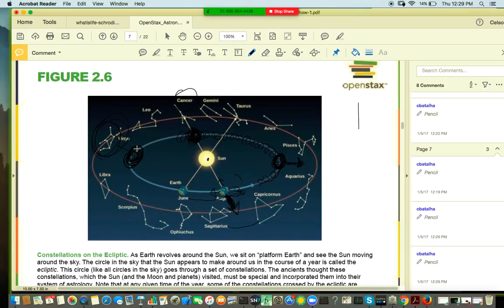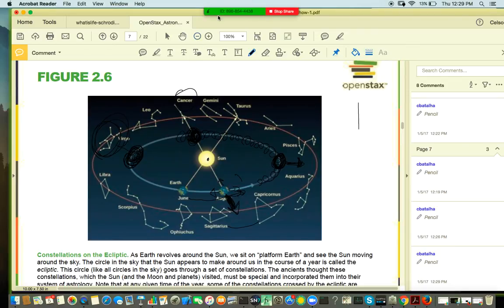In other words, if you go outside at 9 p.m. and observe a nice constellation in the sky, 3 months from now at 9 p.m., the sky will have a different group of constellations. And that is because Earth revolves around the Sun.